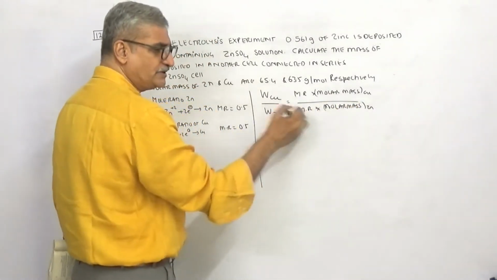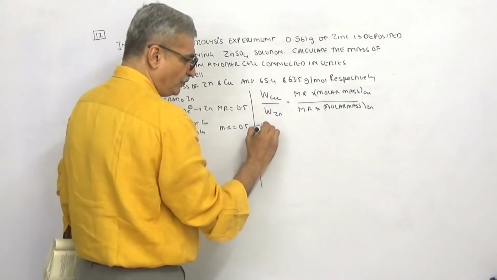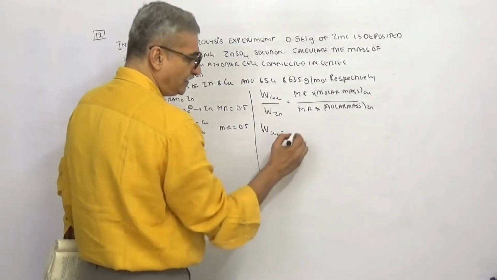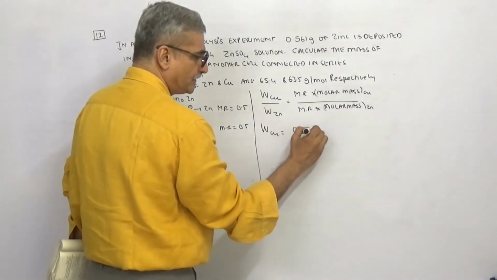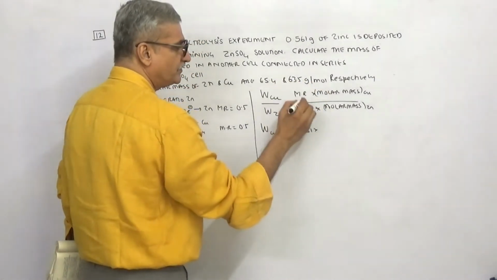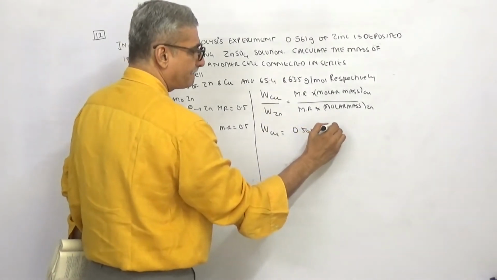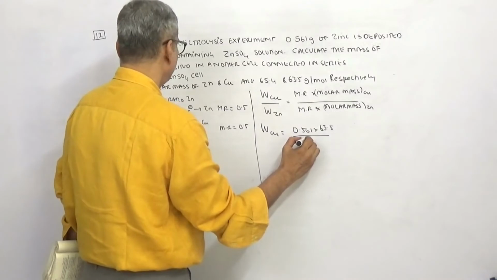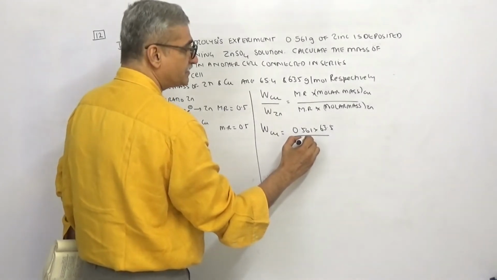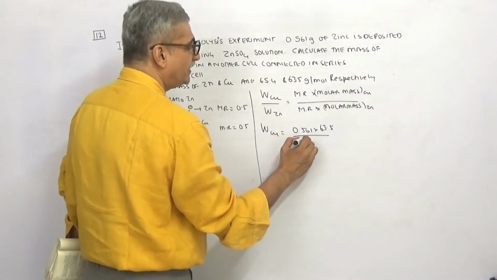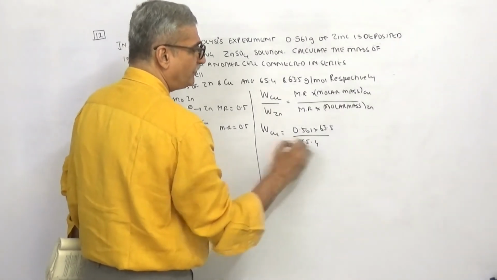See, the mole ratio is the same for both. So weight of copper will be, weight of zinc was how much? 0.561 into molar mass of copper, that was 63.5, divided by that of zinc, 65.4.